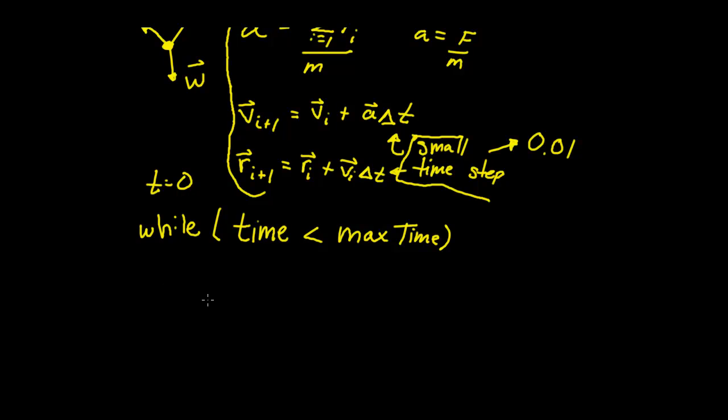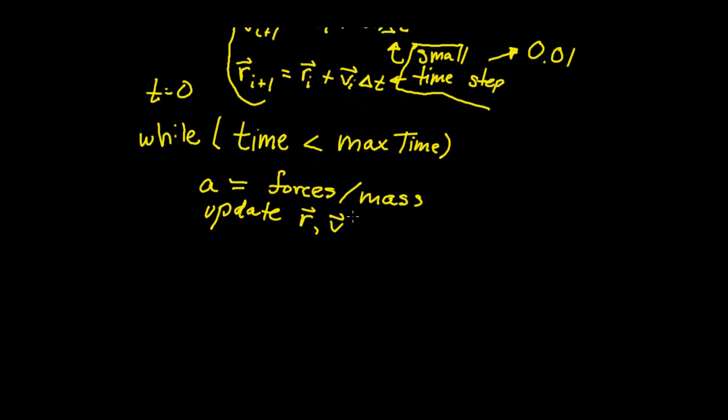Then we compute our acceleration from our forces divided by mass, then update our radius and our velocity vector, and update our time. So time will be equal to time plus that delta time. And then that's the end of the loop.